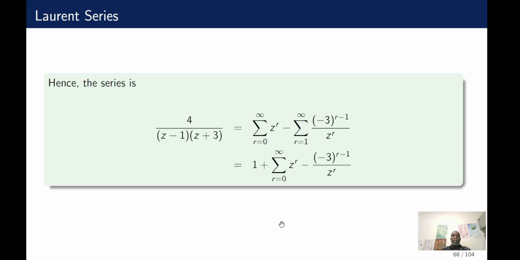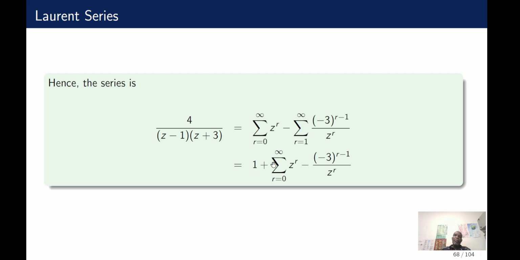So we now combine them. The coefficient here for the positive one is 1, so all the positive ones are going to have 1. If you substitute r equals 0 here, the first one will be 1.